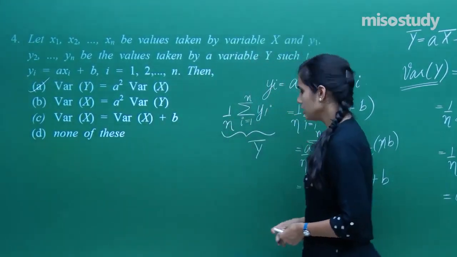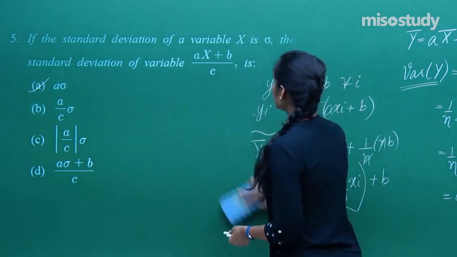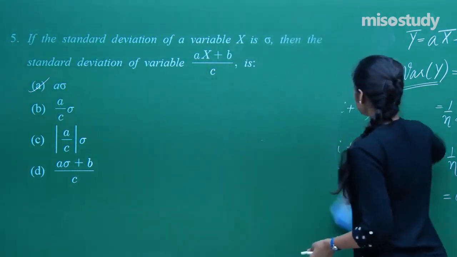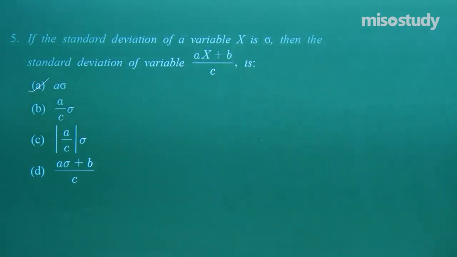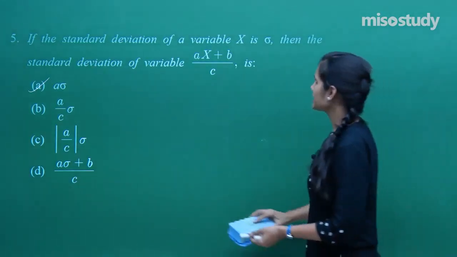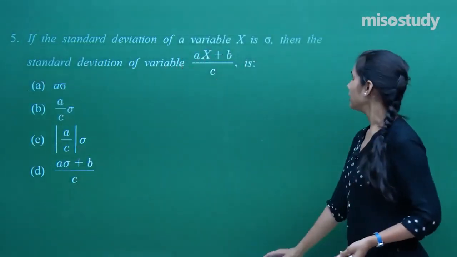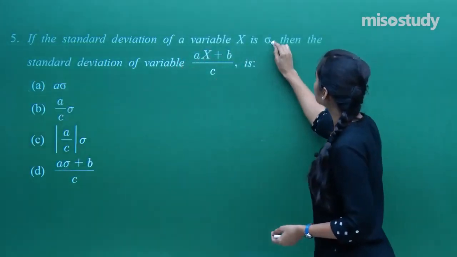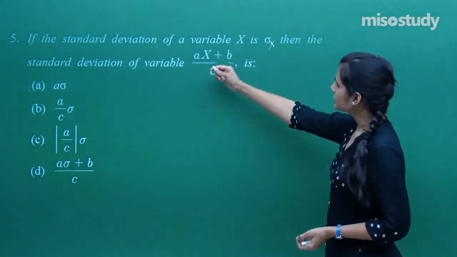Easy enough. Moving on to the next. It is talking about now the standard deviation. What does it say? Let's see. Question is saying that if the standard deviation of a variable x is sigma, so you can say sigma or sigma x is the same thing, then the standard deviation of this variable is what?